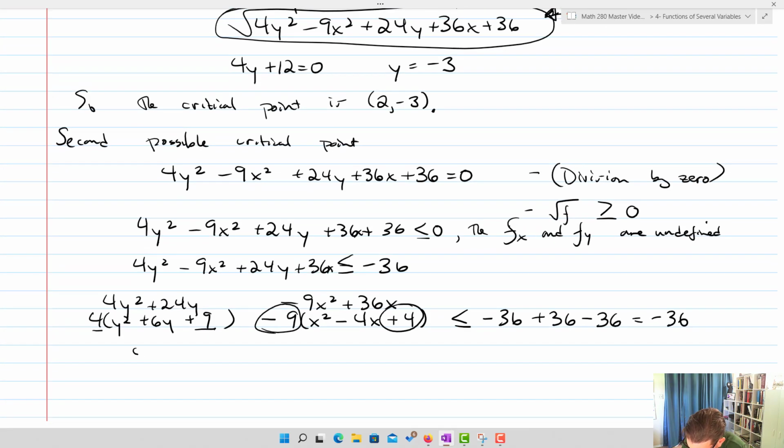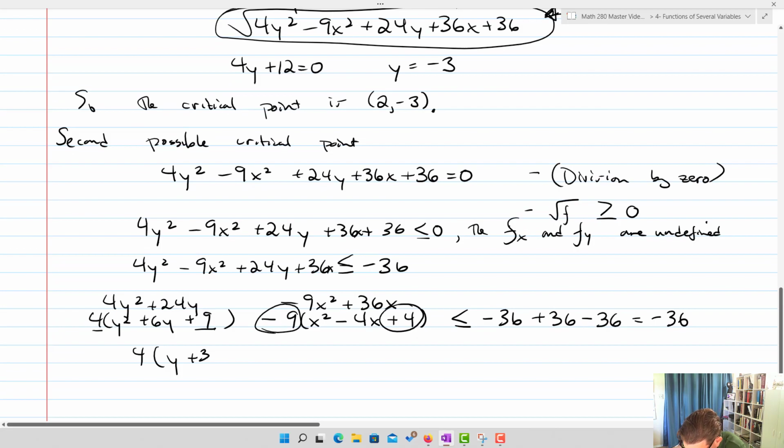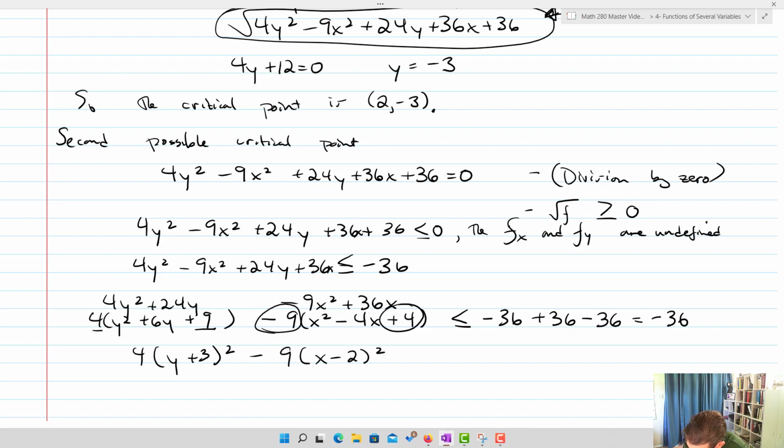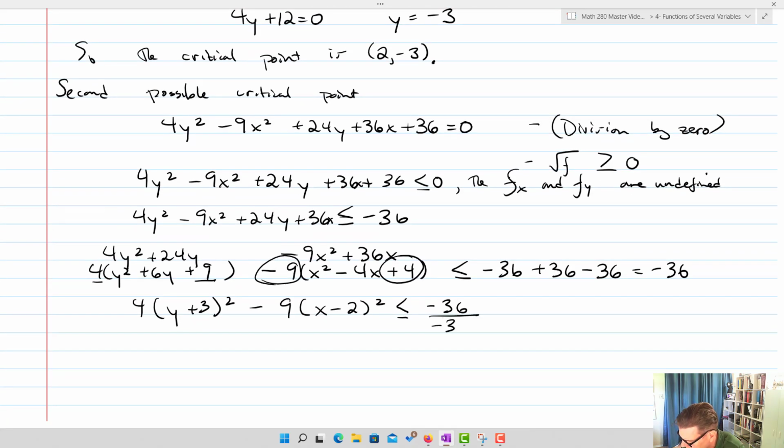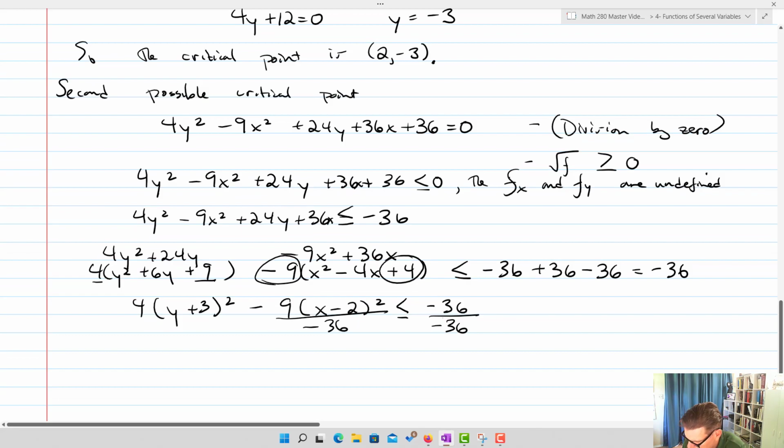So now I've got 4 times y plus 3 squared minus 9 times x minus 2 squared is in fact less than or equal to negative 36. If I divide through by negative 36, I get y plus 3 squared over negative 9 plus x minus 2 squared over 4 is in fact greater than or equal to 1.